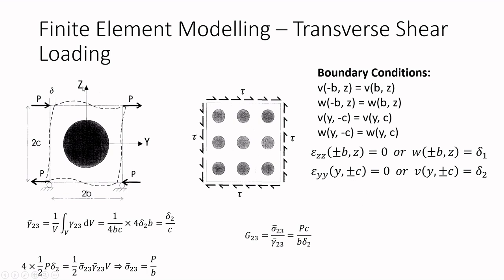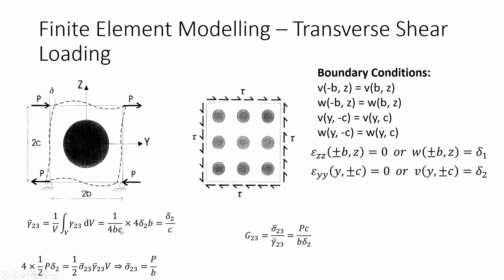So this is delta Y, delta 2, and in this Z direction it is delta 1. Now we have fixed this point with the roller support, making delta 1 equal to 0, and we are left with only delta 2, which is in the Y direction. Strain can be computed by integration of this delta 2 point-wise, and from the Gauss divergence theorem we have 1 by V, which will be 1 by 4 BC.